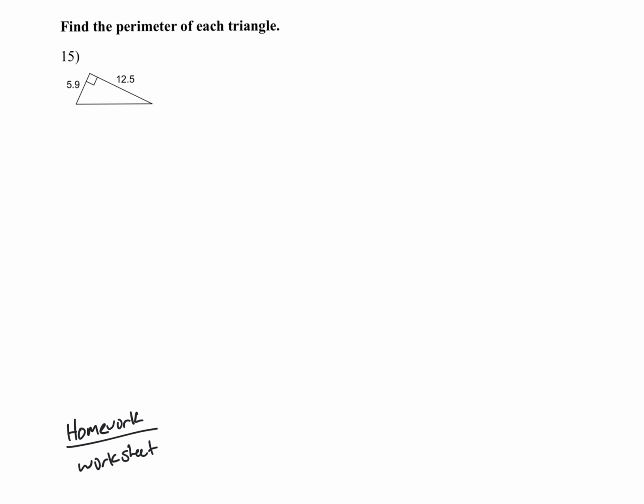And one last thing we're going to do is find the perimeter of the triangle when I'm missing a side length. But thankfully for us, we realize that this is a right triangle. So here I'm going to be looking for that C, that third length. So I'm going to say 5.9 squared plus that 12.5 squared is equal to C squared.